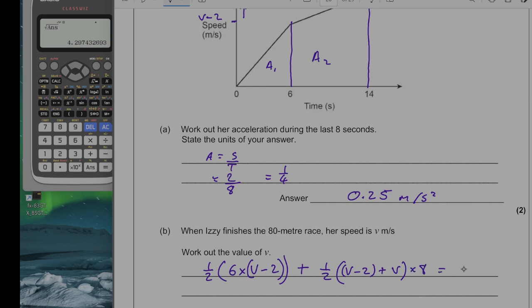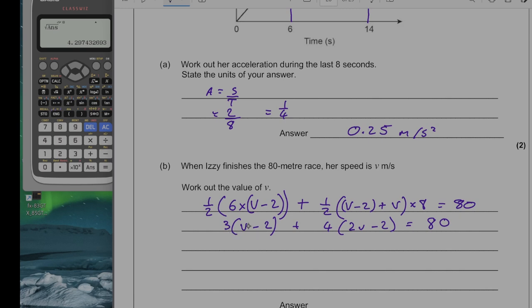And that's going to be equal to 80. So if I do half of 6 first of all, that's going to give me 3 lots of v minus 2. Plus half of 8 would be the sensible one. So that would leave me with 4 lots of 2v minus 2. And that's equal to 80.